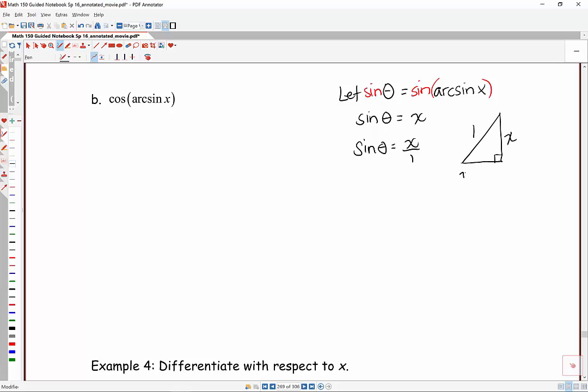So coming back over here, we can say this is equal to cosine theta, which is, in right triangle trig, the side adjacent over the hypotenuse. So this will just be root 1 minus x squared, and we're done.